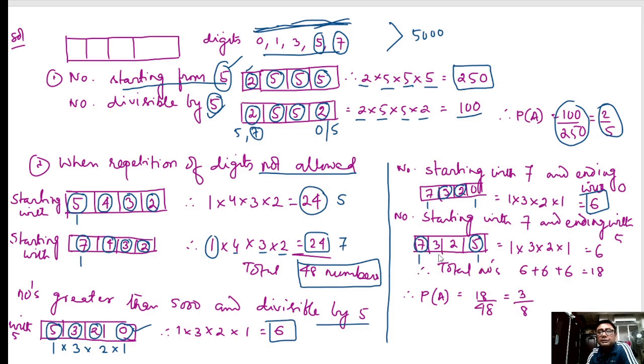So there are 3 options left for this and 2 options left for this. So total 6. So total numbers I could make which are divisible by 5 is 18. And how many numbers greater than 5000 did I make? 48. So my probability will be 18 by 48, which is 3 by 8. Clear? 3 by 8.